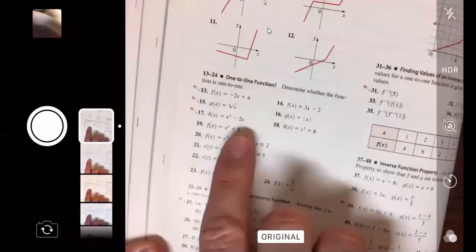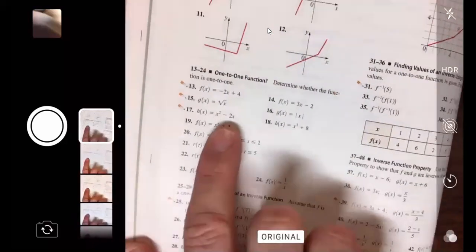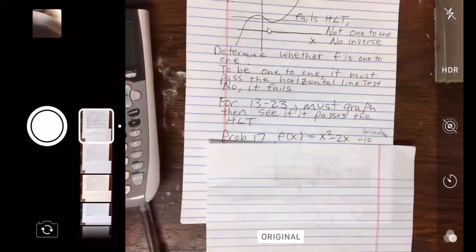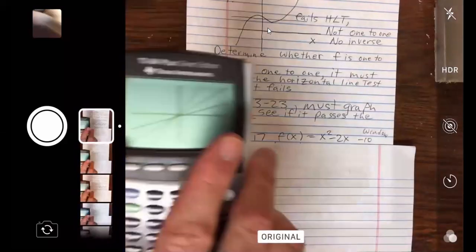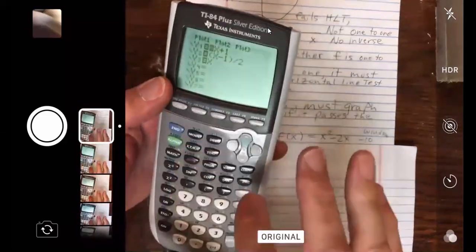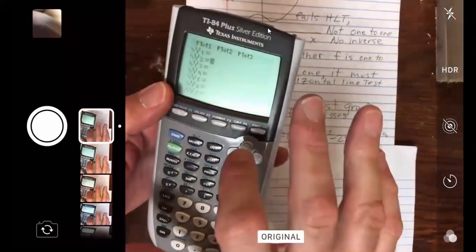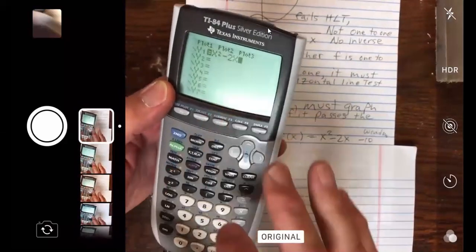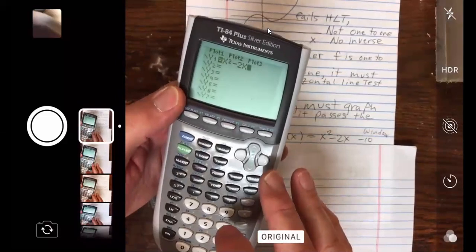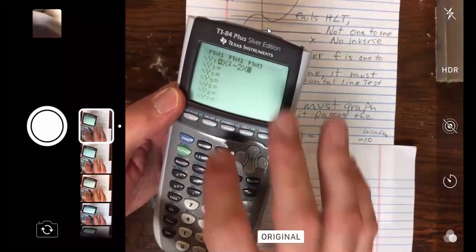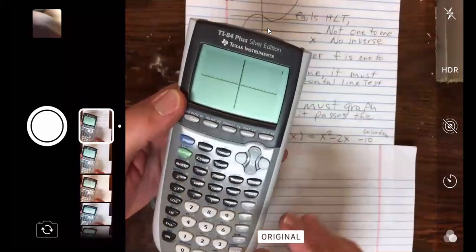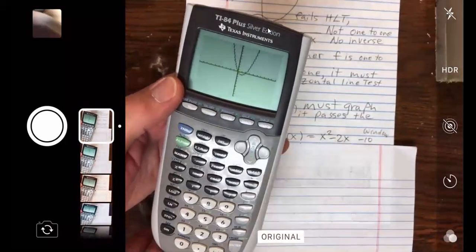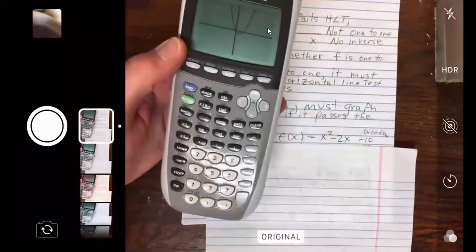It's right here. X squared minus 2x. Same window. Graph it. All right. Can you see, is that going to pass or fail? Fail.